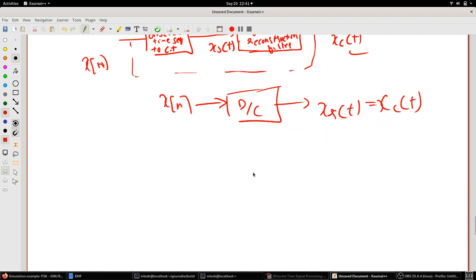So we have covered C to D and D to C. The whole goal of this lecture was that you had done C to D conversion, and now we were trying to get back the original using the reconstruction process. This covers the reconstruction part of it.